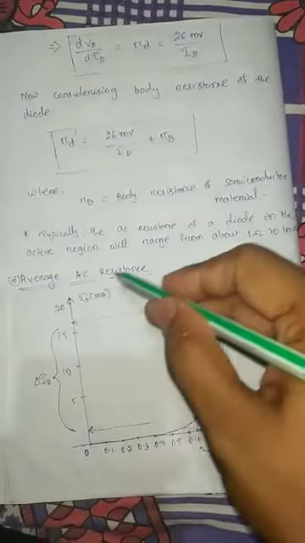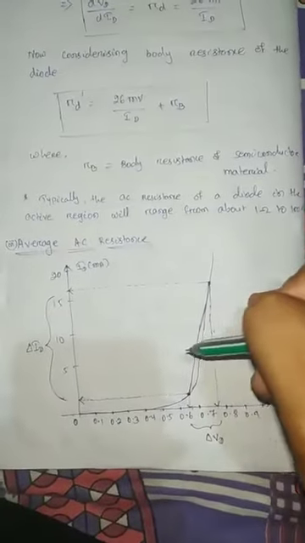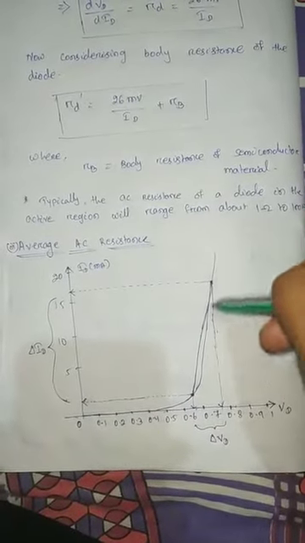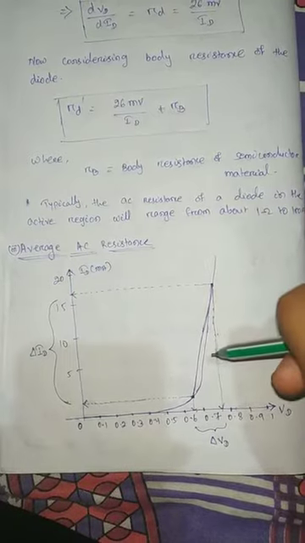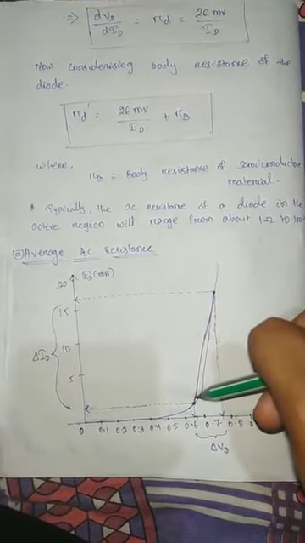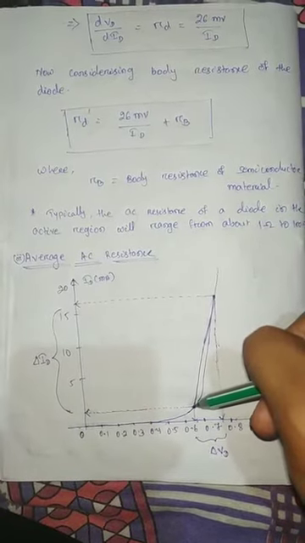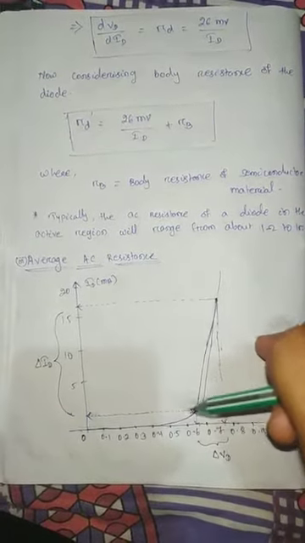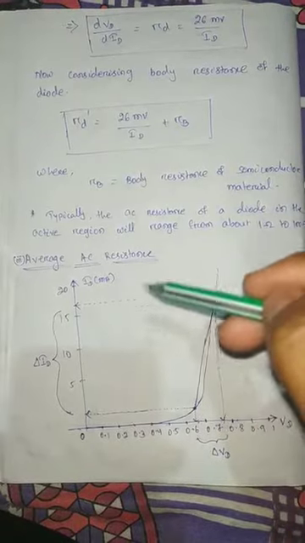The swing of the operating point is very large. In this case, the resistance provided by the diode in this region of operation is known as the average or AC resistance.